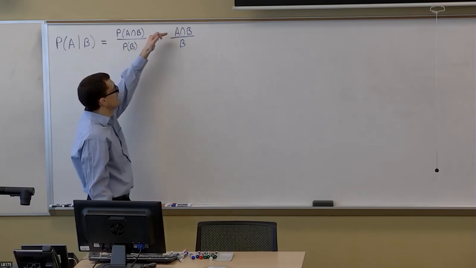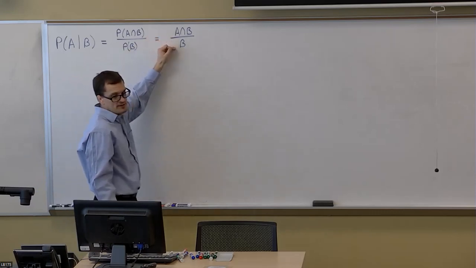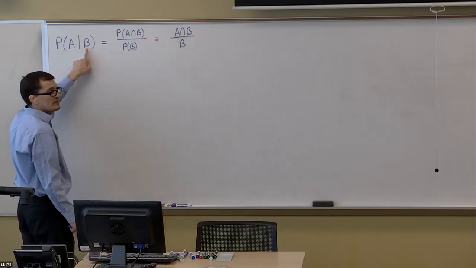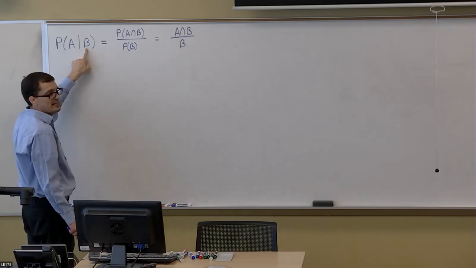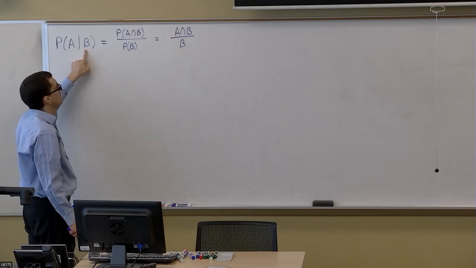So it's the intersection divided by the B. And here, take note that the B is the given part. Does that work?